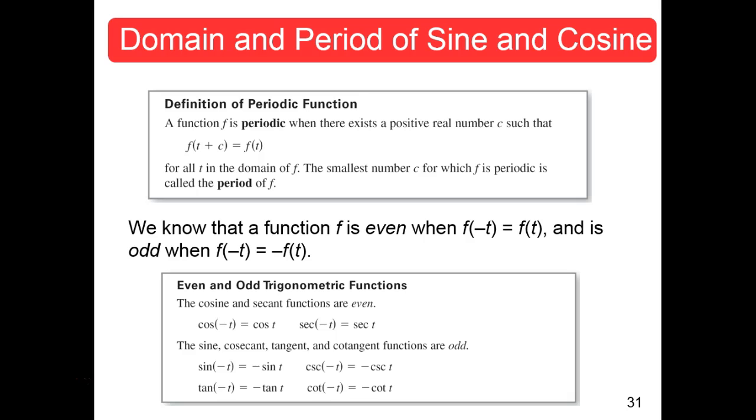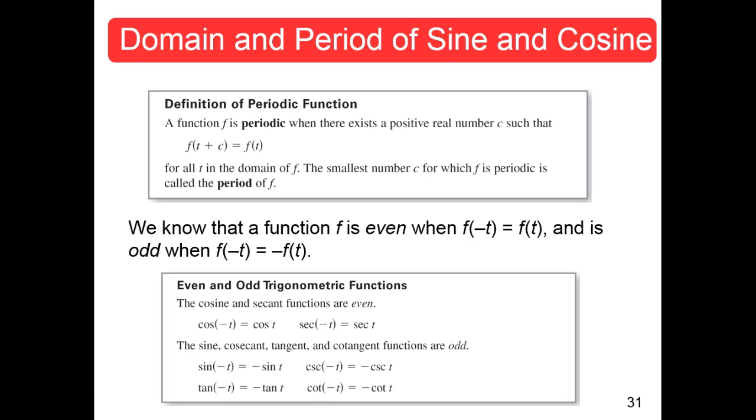And then they snuck this one in on the bottom. We know that a function is even when f of negative t is the same as f of t. That means whatever you do on this side, same thing on this side, so it's the same on both sides. Even function. Odd if it's exactly the opposite on both sides. Now, back in pre-calculus algebra, most functions were actually neither one of those.